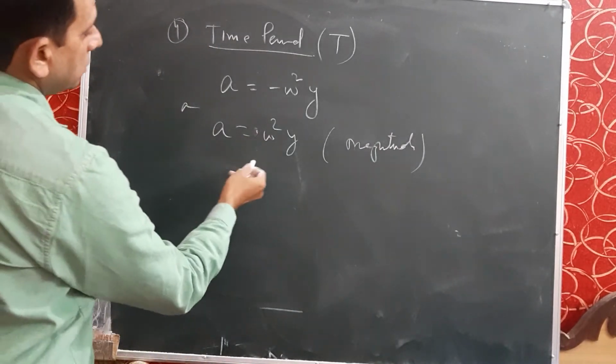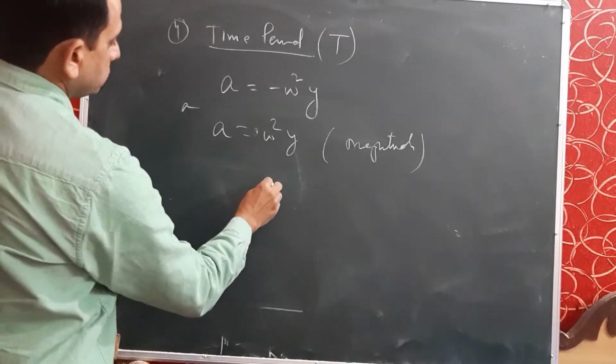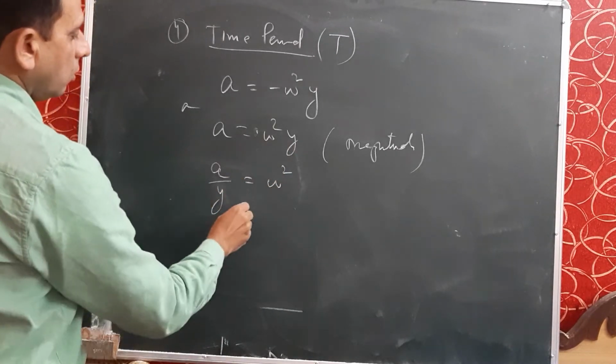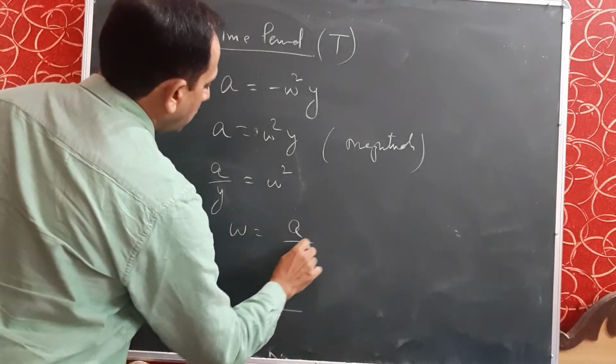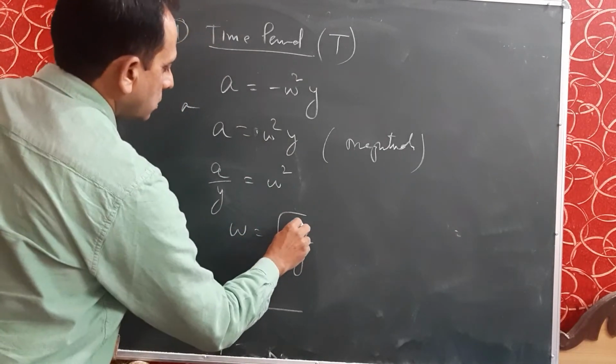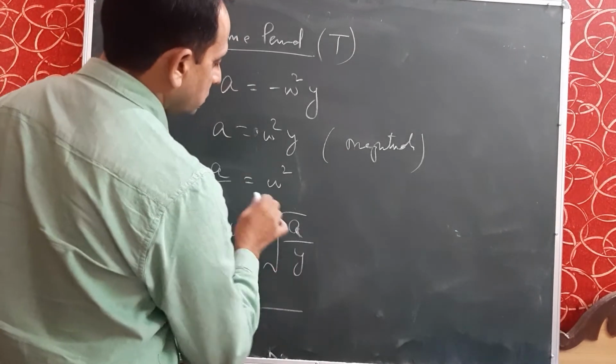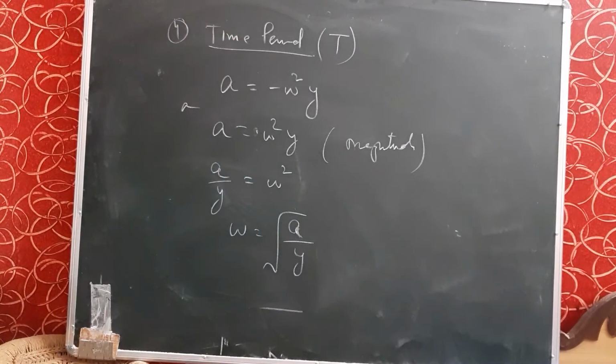So from here omega square is equal to a upon y, or omega is equal to under root of a upon y, where a is acceleration and y is displacement.